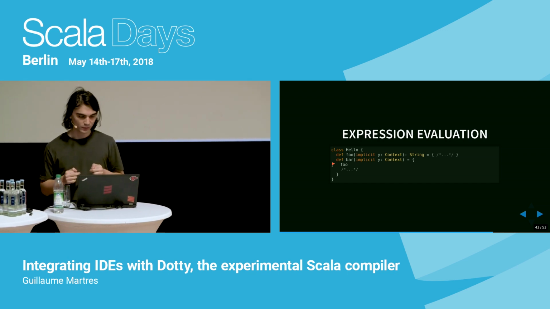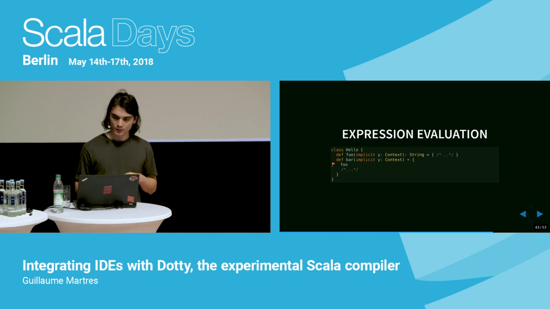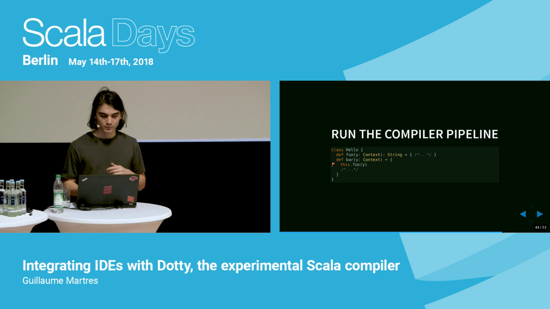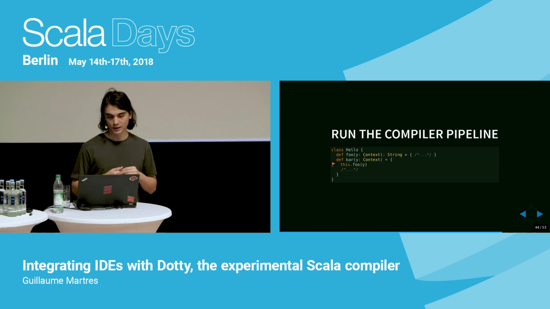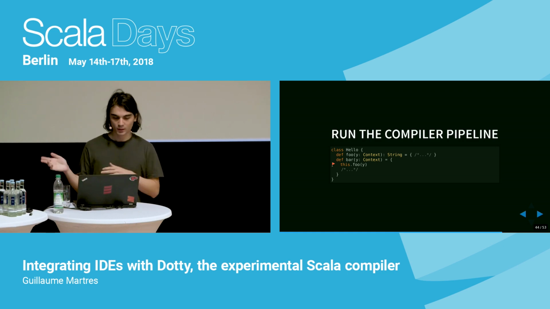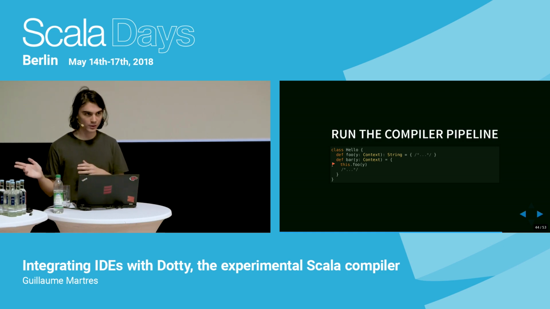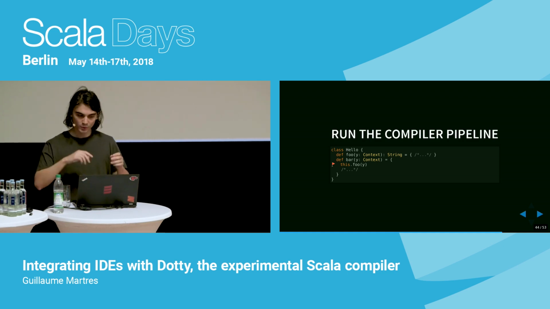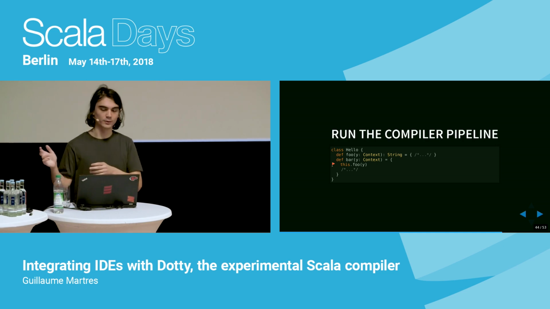So that's not trivial. And the first thing we can do is, well, okay, let's try just running the compiler. If we run the compiler, at the end of the compiler pipeline, basically foo has been replaced by this.foo of y, because implicits have been resolved. But then what do you do with this? It's some code in some method somewhere.